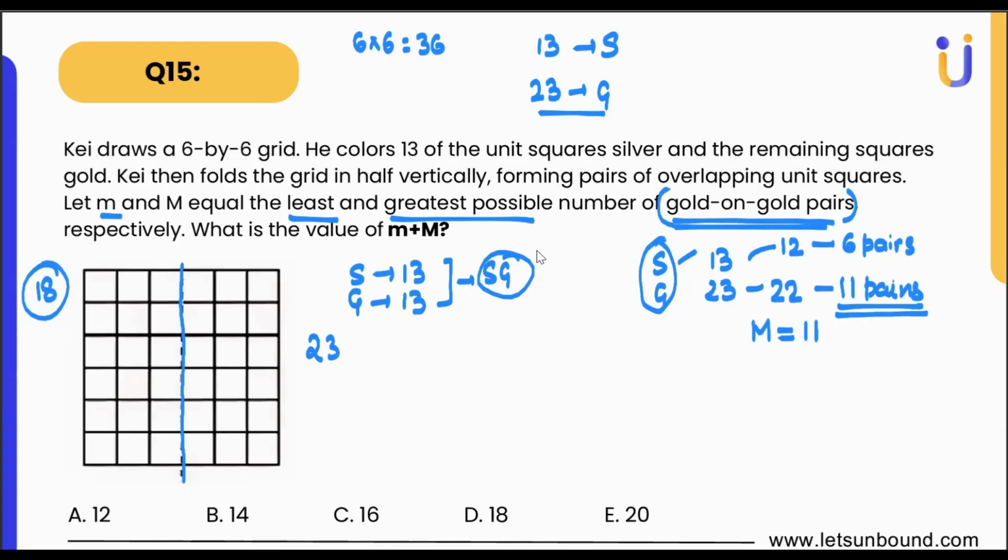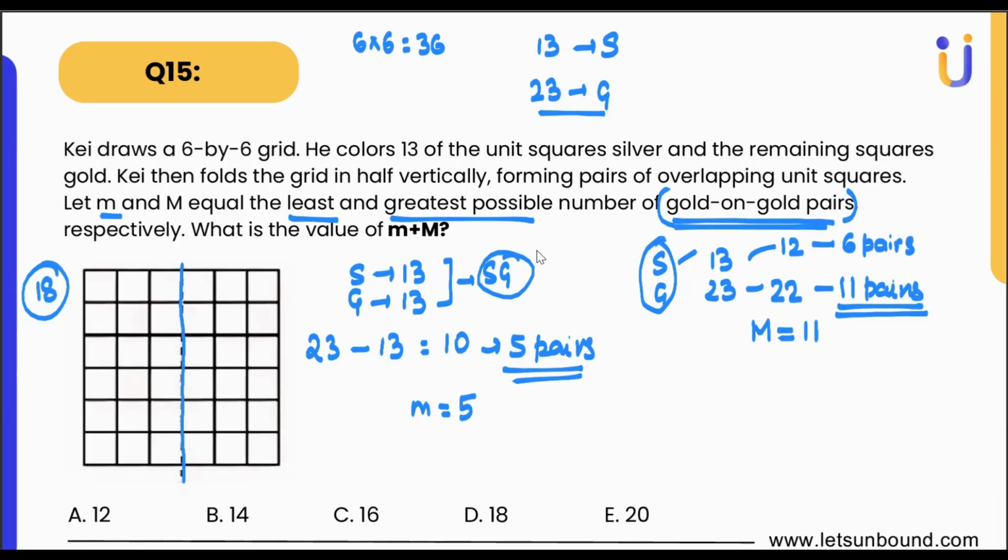This is also what you can think about because 23 golds were there, 13 you have used to club with silvers, so only 10 remain. Half of it, only 5 pairs, can be formed. So 5 pairs is the minimum number of gold pairs that you can make. So small n will be 5.